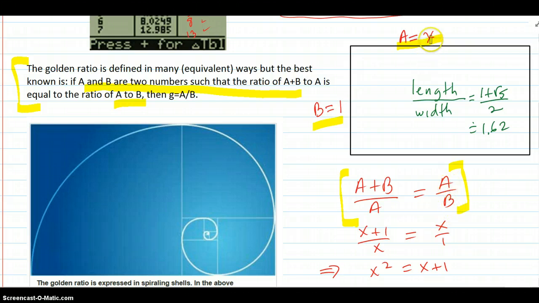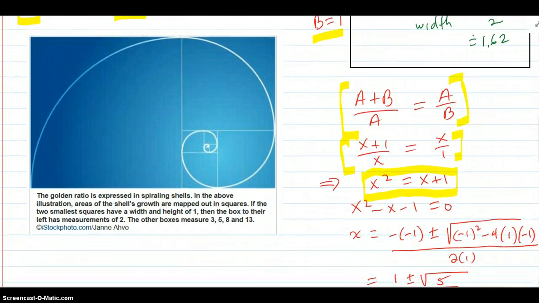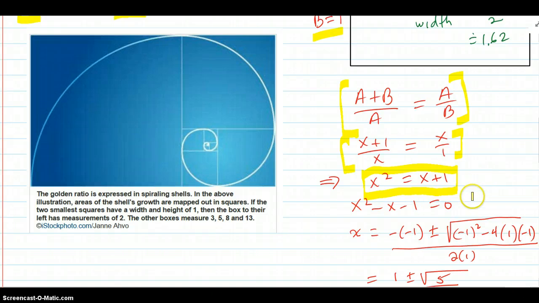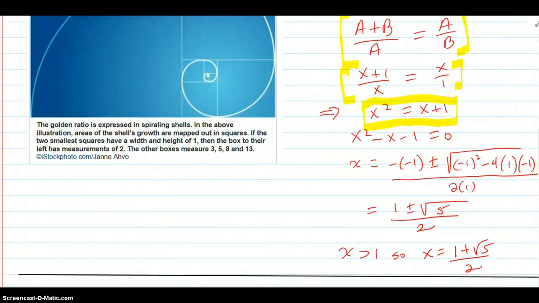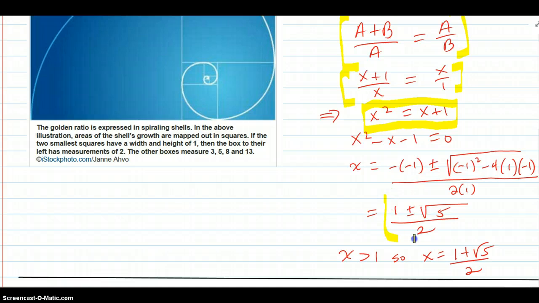So if you call a x and b is assumed to be 1, so it's x to 1 is the ratio, then you have this equation, and that results in this one, and that has roots, using the quadratic formula, 1 plus or minus square root of 5 over 2, and x is greater than 1 in the picture, so we're going with this one, and that's the golden ratio.